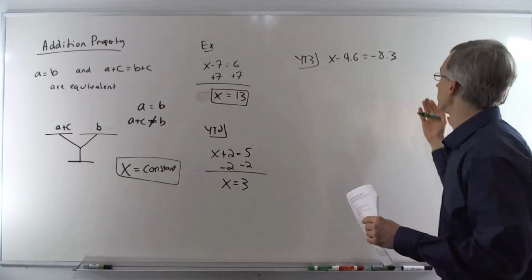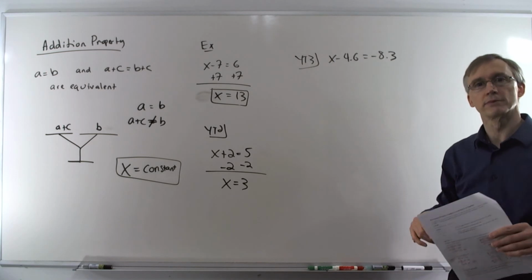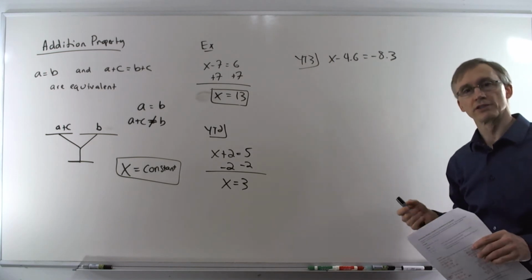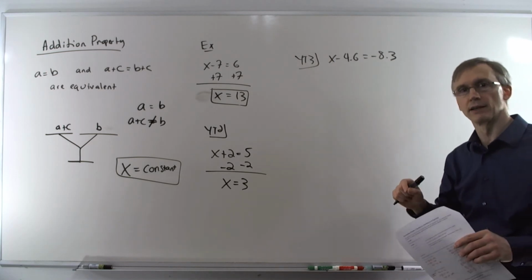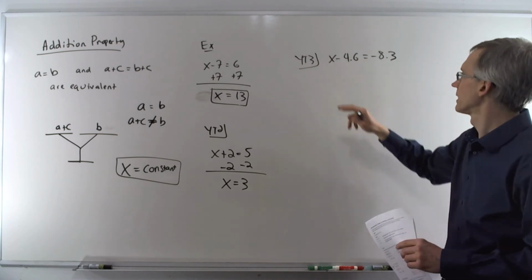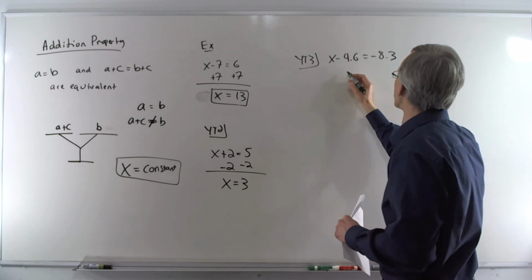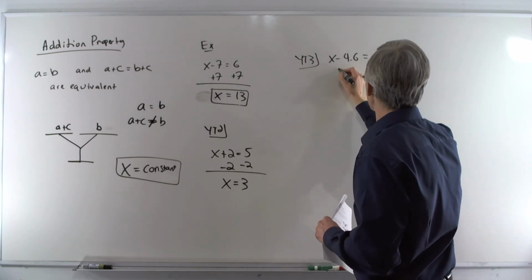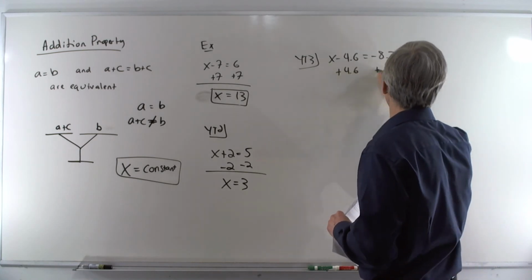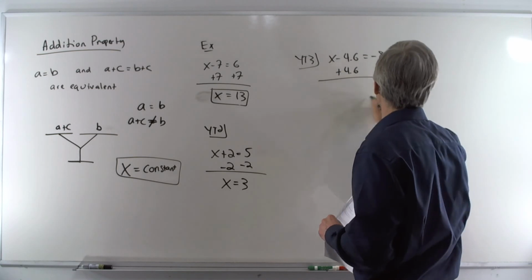Now when we start throwing negatives in here, this is where it becomes really important to check your work. It's very easy to make a mistake with a negative sign. But if we take that value, plug it back in, and see if it works, we can catch those little mistakes. So I'm going to do the opposite of what's here, so plus 4.6, plus 4.6.